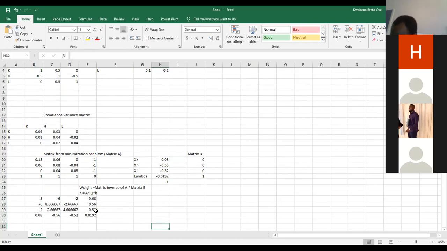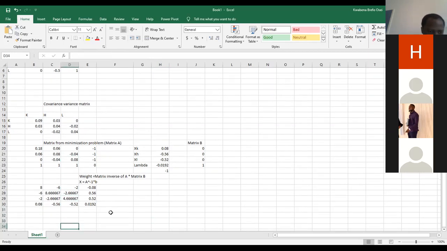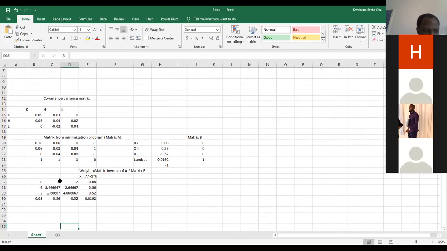You didn't multiply the inverse of A times the matrix of B. You said I did what? You didn't multiply times the matrix of B, right? Yeah, I multiplied the inverse by the matrix of B. That's what I did: 0, 0, 0, and then 1.